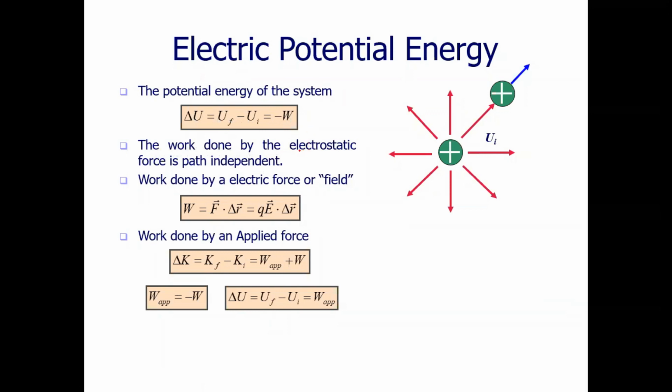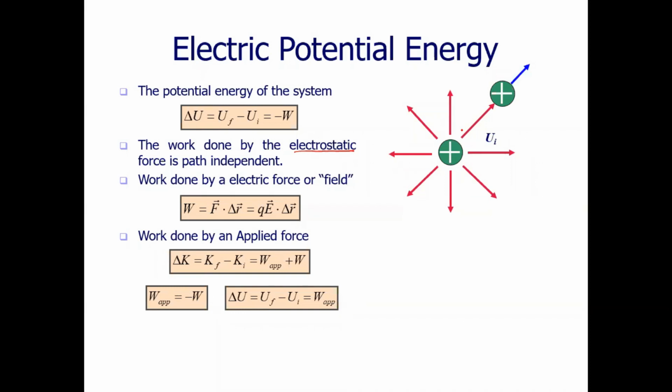The electrostatic force is just the force between charges that are stationary. It is also an example of a conservative force. It is just like gravity, a conservative force where the work that is done is independent of the path.